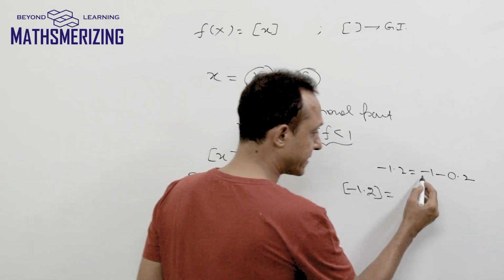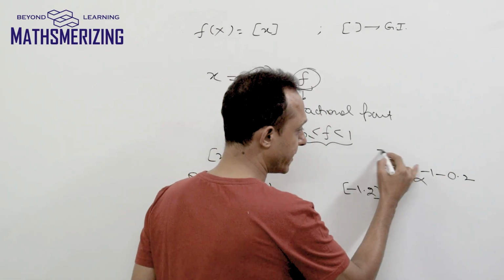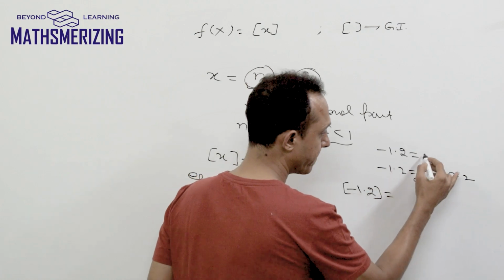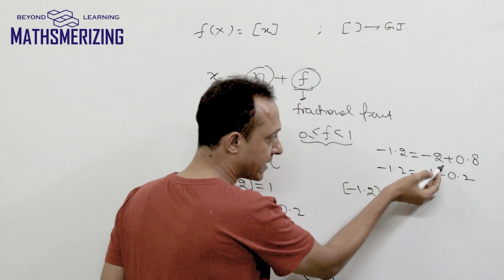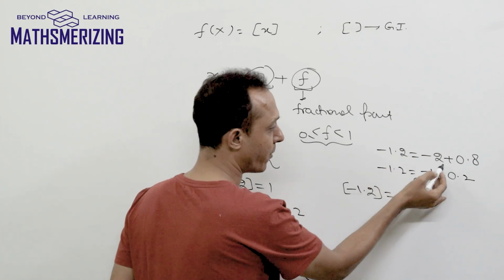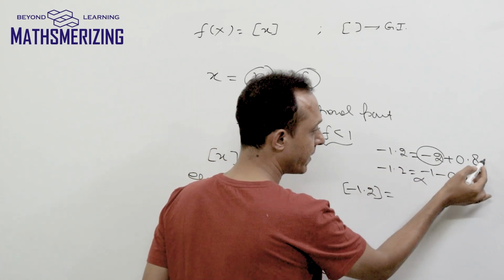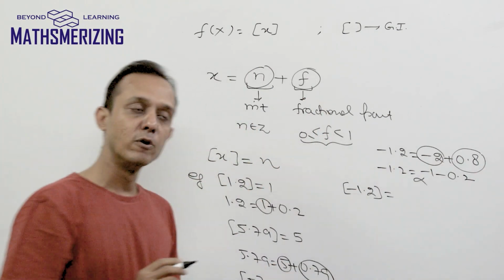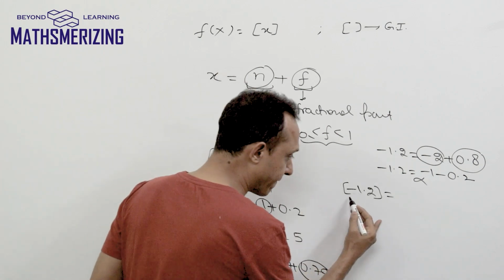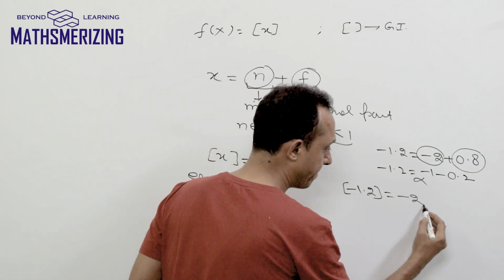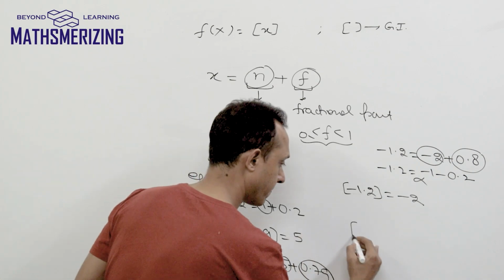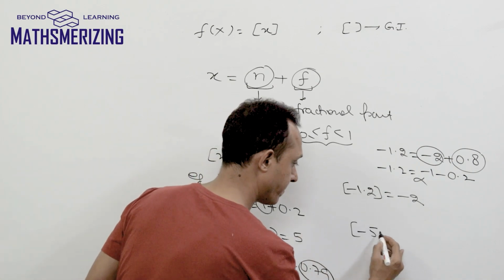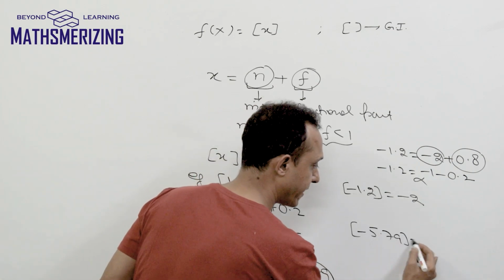So rather than expressing it in this way, we actually express minus 1.2 as minus 2 plus 0.8, and that is the correct way of expressing minus 1.2. So its integral part is minus 2 and its fractional part is 0.8. So greatest integer function of minus 1.2 is simply minus 2. Now what about greatest integer function of minus 5.79?